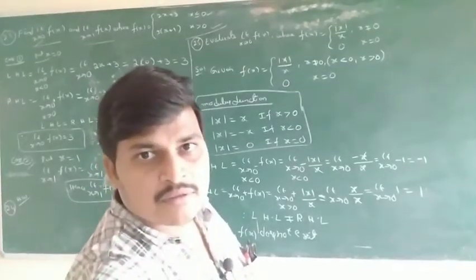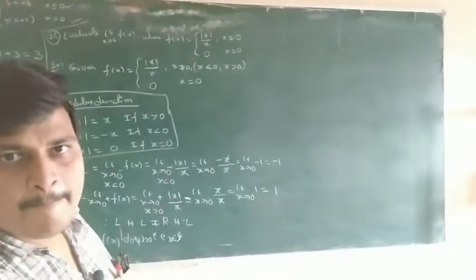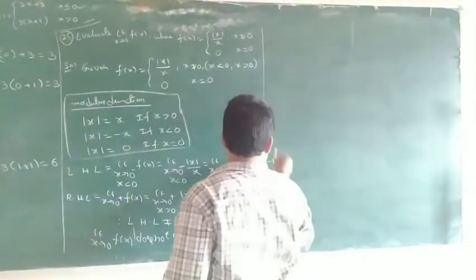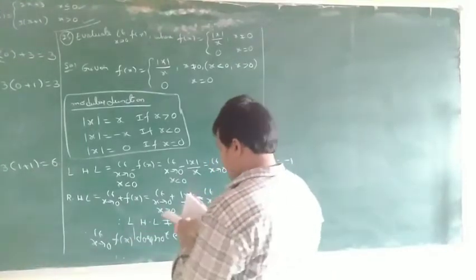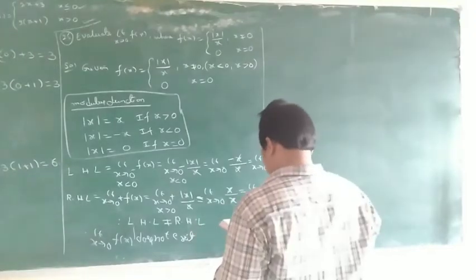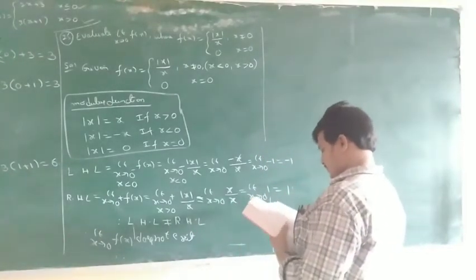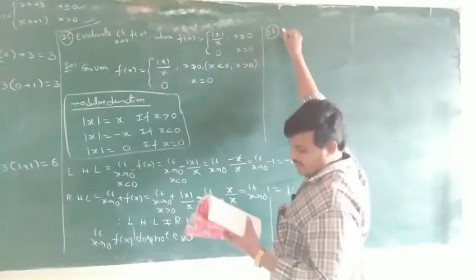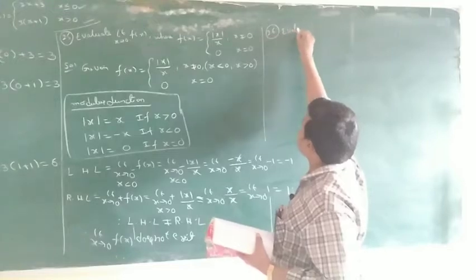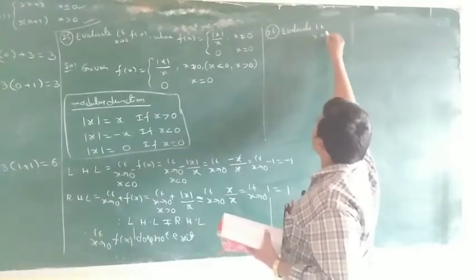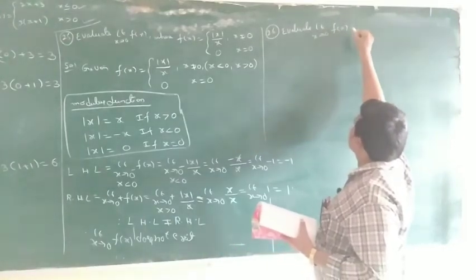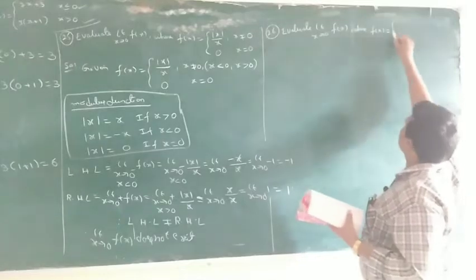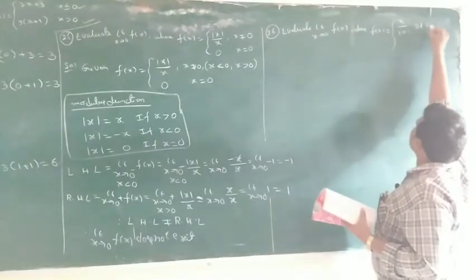Next one. Next, 25th. Next, 26th. So 26, once again the same problem, once again I will explain. 26: evaluate limit x tends to 0 f of x, where f of x is equal to x by mod x if x not equal to 0.